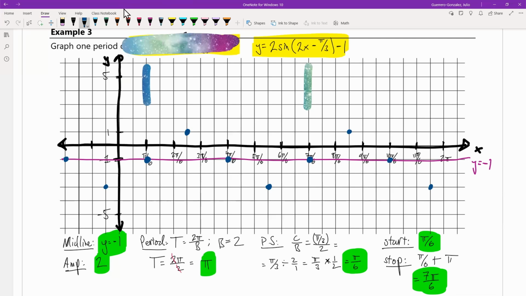Now I'm going to thin out my marker. I'm going to draw the segment that's in between here and here, and I'm going to draw it in as a dotted line. I am drawing in the corresponding sine curve.